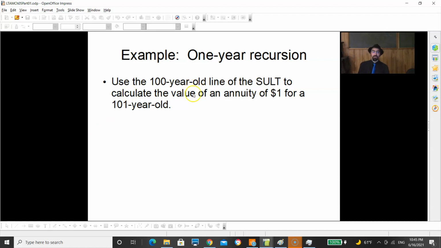I could use the 100-year-old line. Notice the 100-year-old line does have q_100. It does tell you the probability that a 100-year-old dies before turning 101. And using that, we should be able to figure out the value of a $1 a year annuity for a 101-year-old.